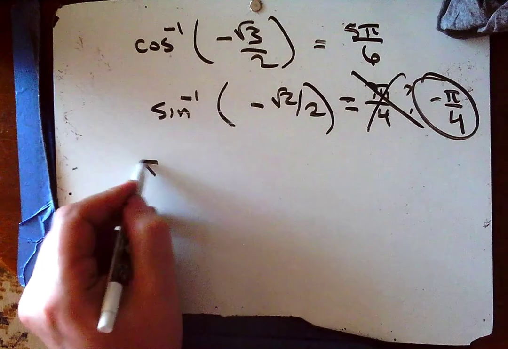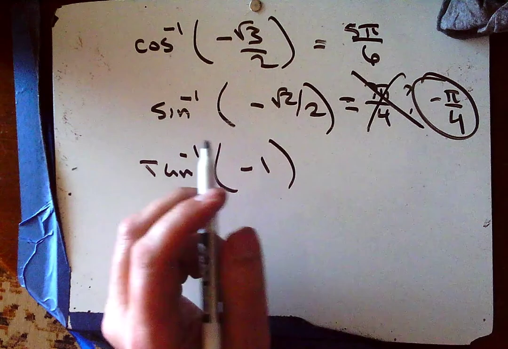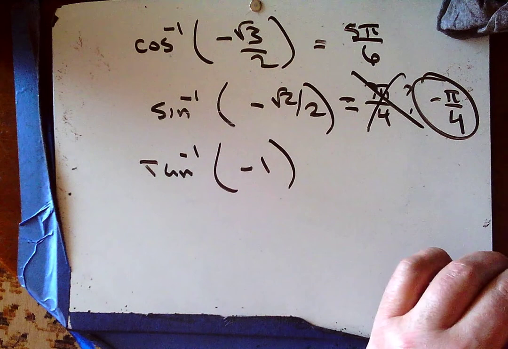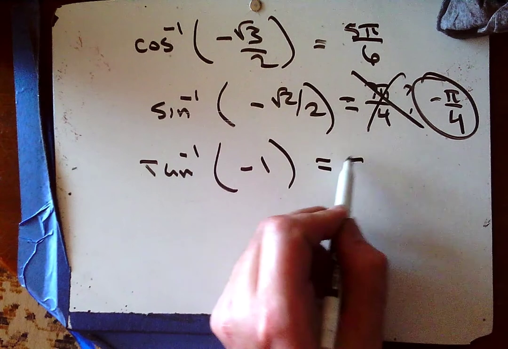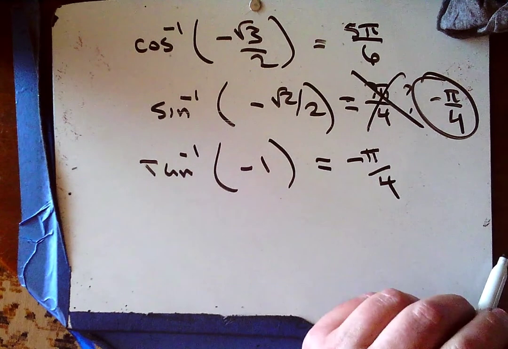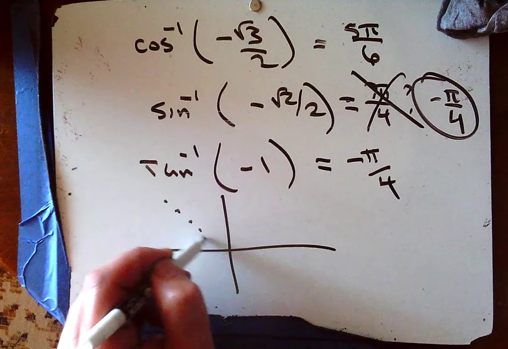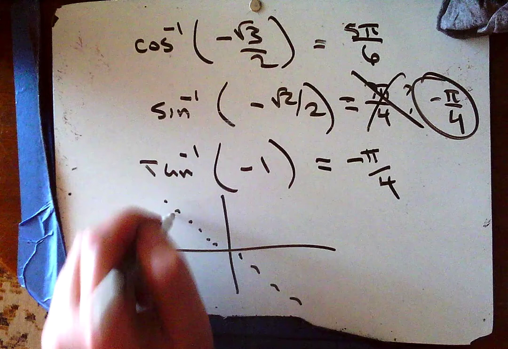How about tangent inverse negative 1? 5, 4, 3, 2, 1. That's right, negative pi over 4. Because tangent is negative over here and over here. This is outside of the restriction for inverse tangent.